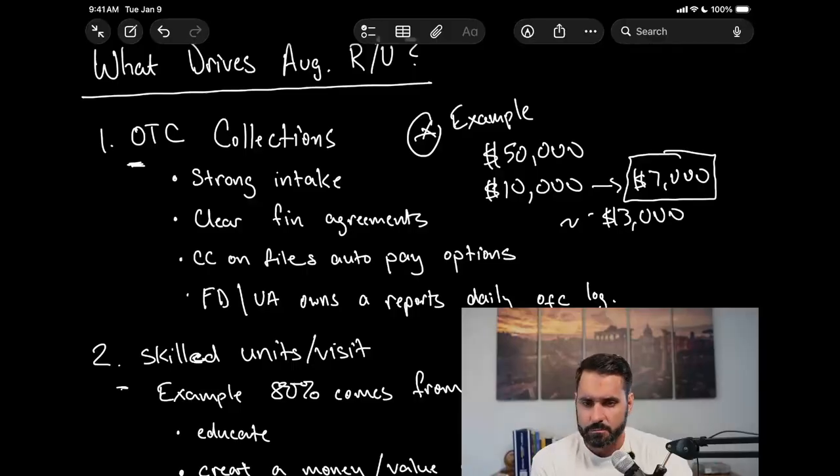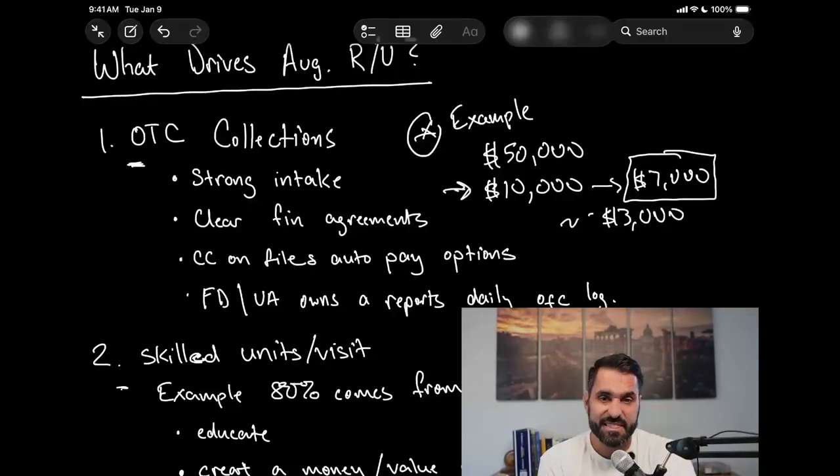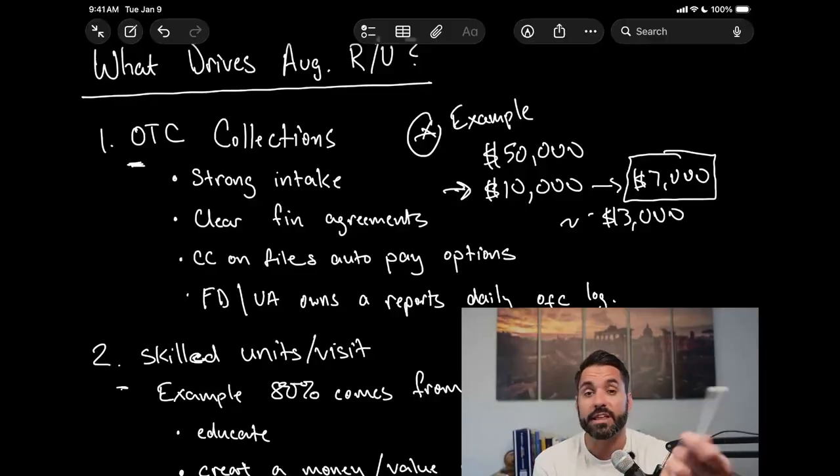And let's say we know that somewhere around 20% of your revenue is over-the-counter transactions with your patients. That would mean $10,000 of that $50,000, hopefully that's right, would be over-the-counter collections.